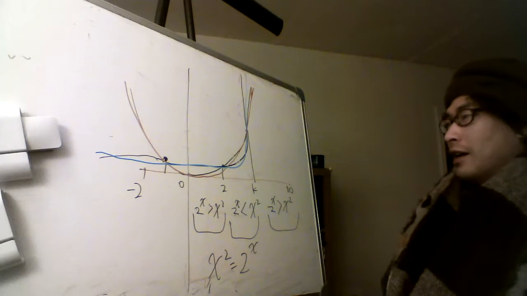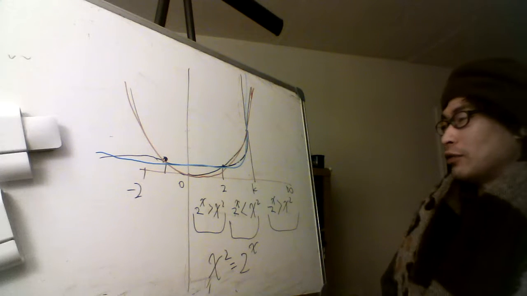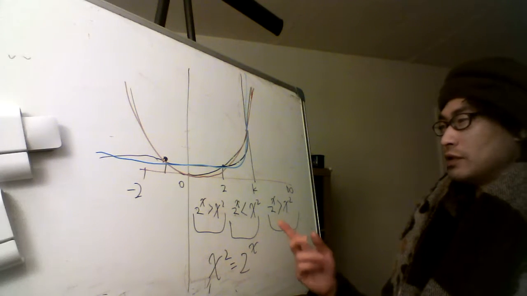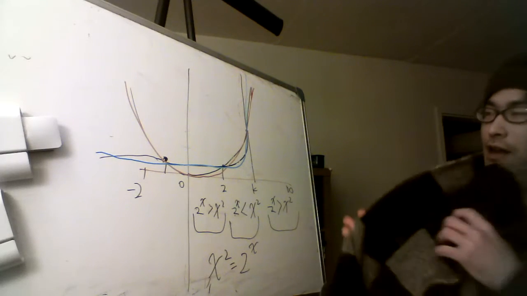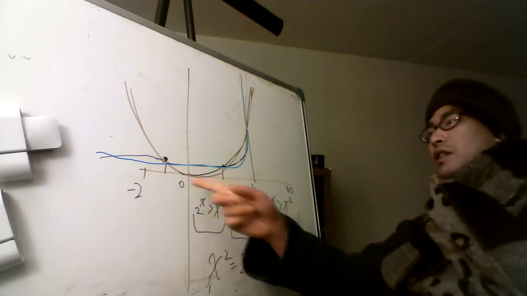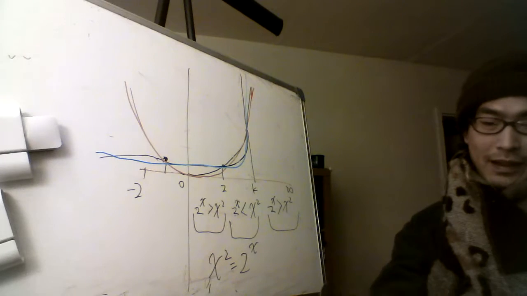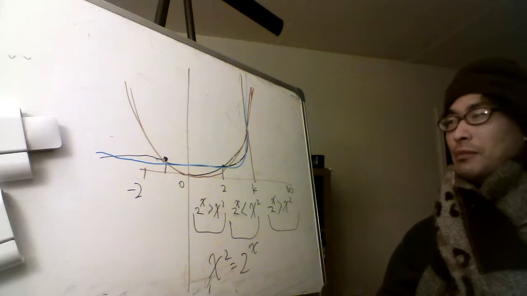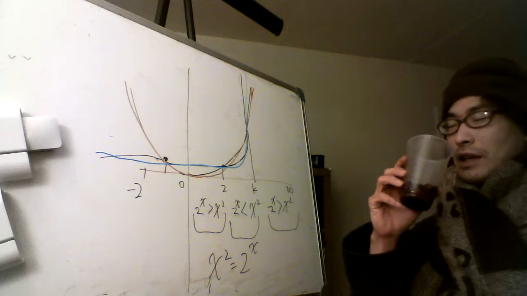So sorry, K turned out to be 4. 4 to the second is 16, 2 to the fourth is 16. But this guy turned out to be minus 0.77 something.